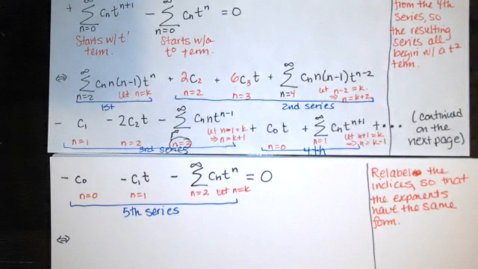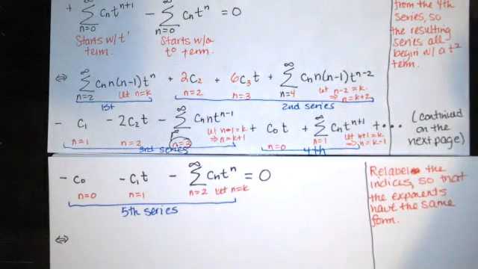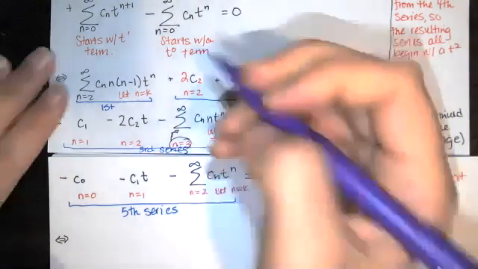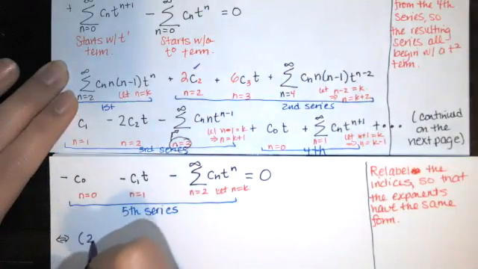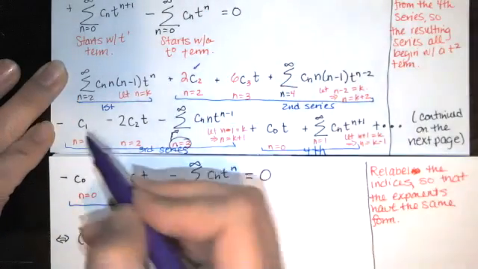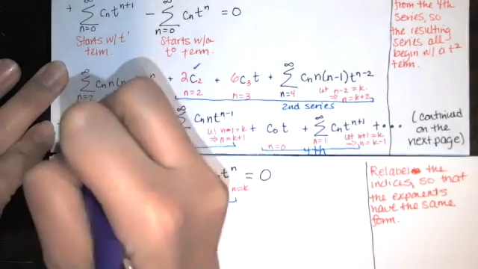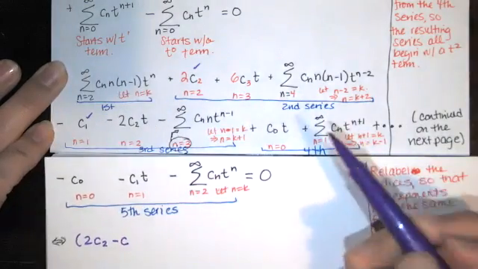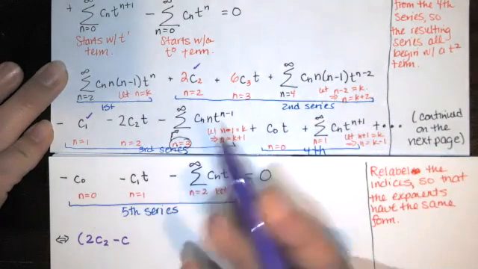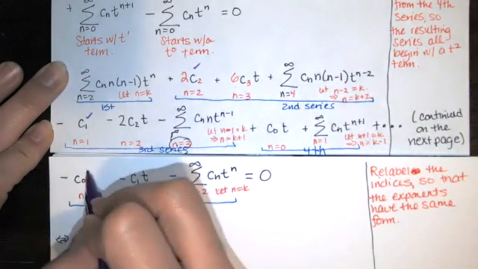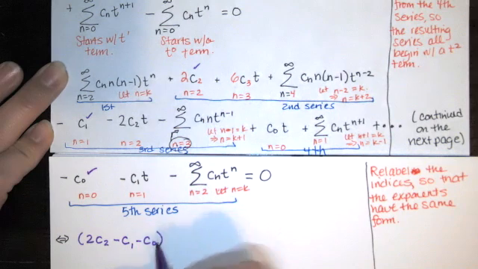Okay, but first I want to collect all of my constant terms together. So I'm going through this list and I'm looking for my constant terms. So there's one, I've got 2c sub 2. And there's one, I've got negative c sub 1. That's a t term. There's another constant term, negative c sub 0.